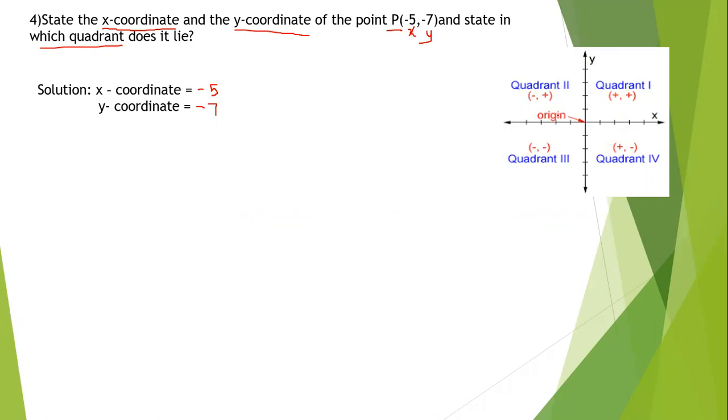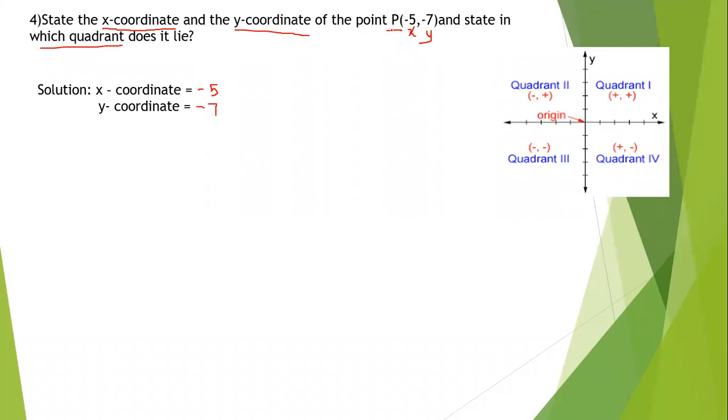And the coordinates of origin are 0, 0. Now, this is the first quadrant and the sign of this quadrant is plus. This is the second quadrant and the sign of this is plus. This is the third quadrant and the sign is minus. This is the fourth quadrant and the sign is minus.